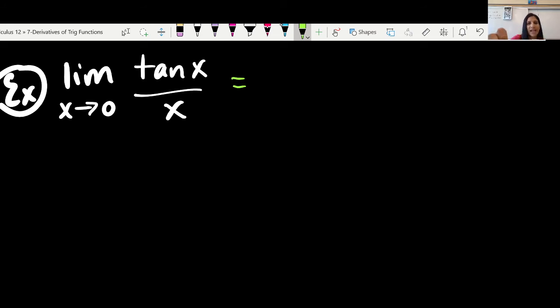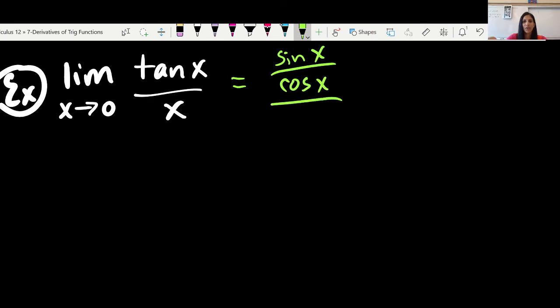But we can rewrite tan x. Remember, this is the same thing as sine x over cos x, and then the whole thing over x. Which I could also say is the same thing as x over 1. And the reason I'm doing that is just to show it's one fraction divided by another, because when we do that, to solve it, we would flip it and multiply by the reciprocal.